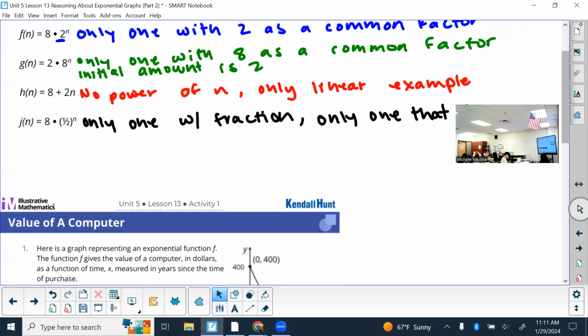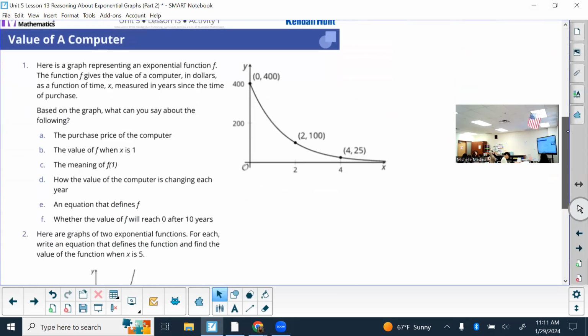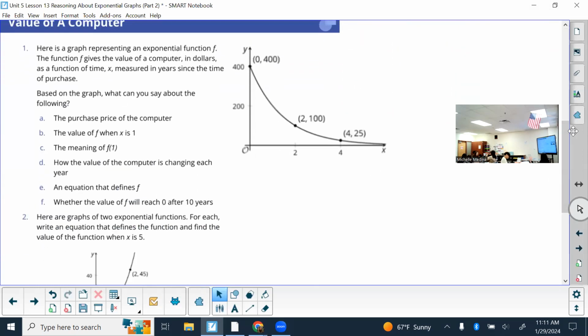All right, now today's activity so that we can hopefully meet our learning targets. We have a graph representing an exponential function f. The function f gives the value of a computer in dollars as a function of time x measured in years since the time of purchase. Side note, we've talked about before, function of, whatever follows that phrase, is always your x.